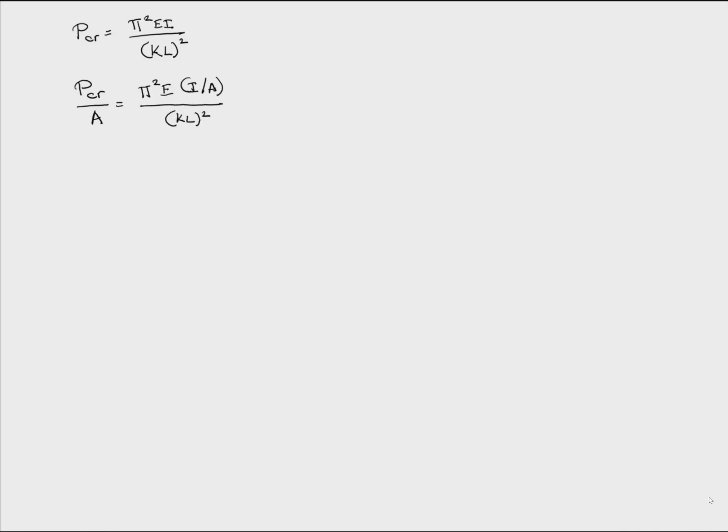Now we recognize that the moment of inertia divided by the area is the radius of gyration squared. So we can write this as pi squared E divided by (k times L over r) squared. And this quantity, k times L over r, is called the slenderness ratio.